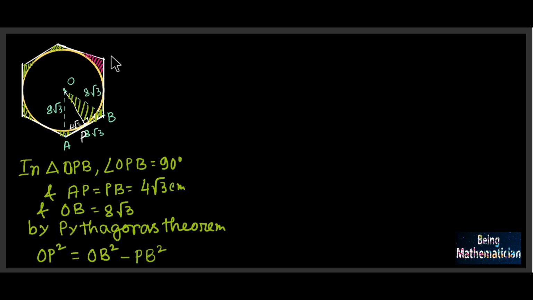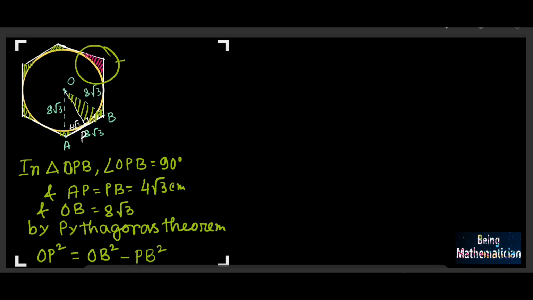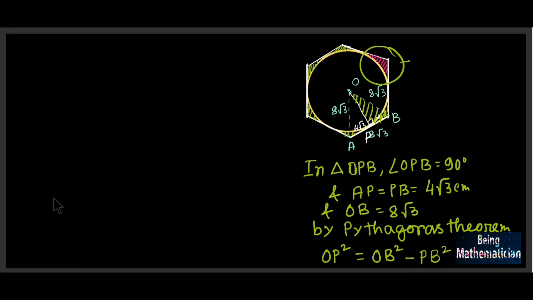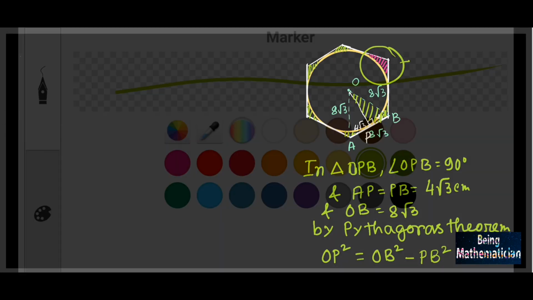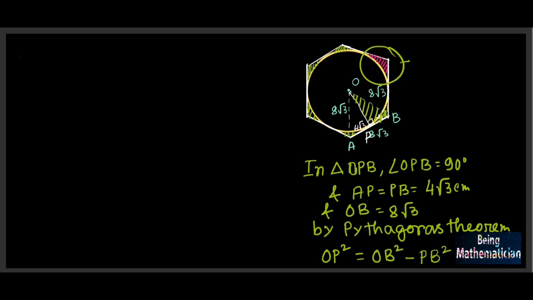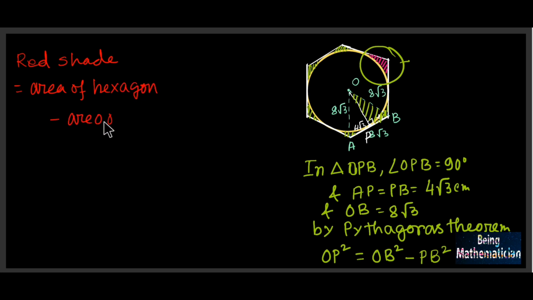So the area of this red shaded portion will be the area of hexagon divided by 6, minus the area of incircle.